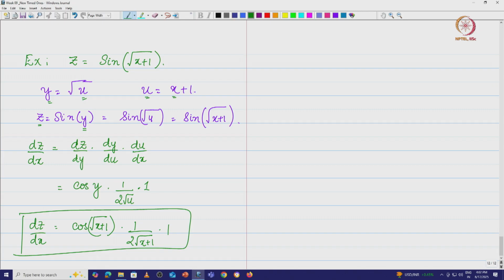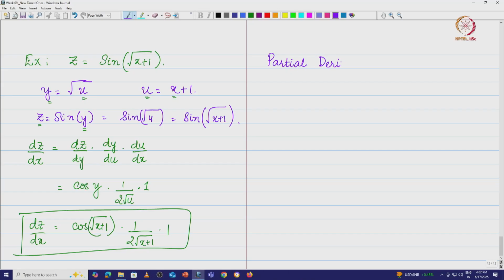We will wind up with this in today's class, and when we come back for the next class, we are going to get into the most important topic which we have been waiting for this week. We are going to look at the idea of partial derivatives.